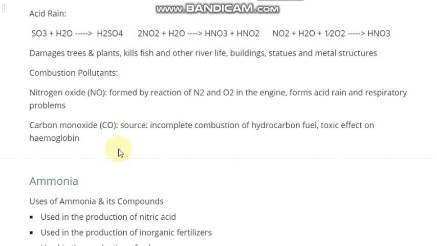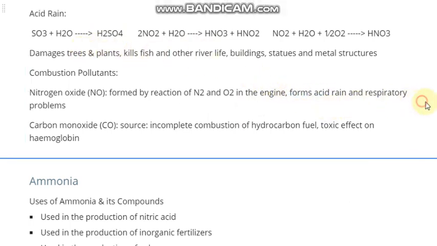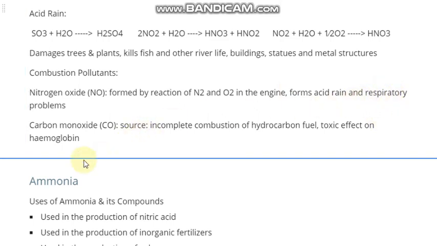What about the combustion pollutants? When nitrogen monoxide is formed in a car engine by the reaction of nitrogen and oxygen, we have some environmental and health problems. The main environmental problem, as we have stated before, is acid rain, and for human health, it can cause respiratory problems.